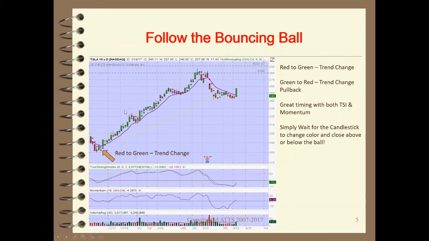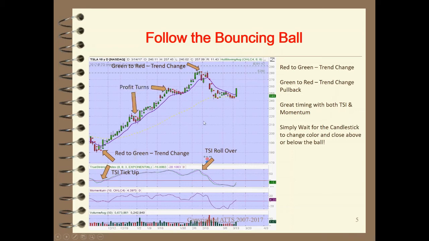The essence of it is basically you wait for a green candle to close above a red ball, and that's your indication that it may be time to get into the trade, especially if it's accompanied by what I call a TSI tick up. Here the TSI rolled over, changing from green to red, and the trend changed to the downside on Tesla.